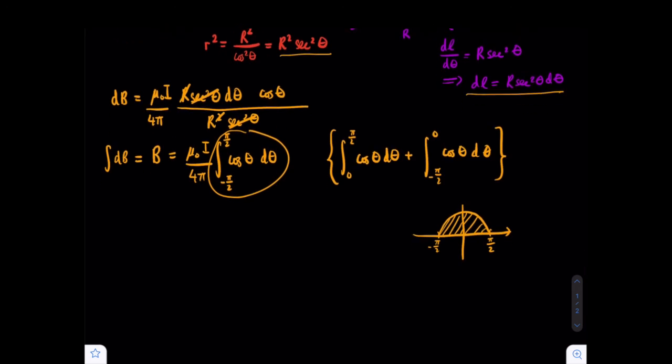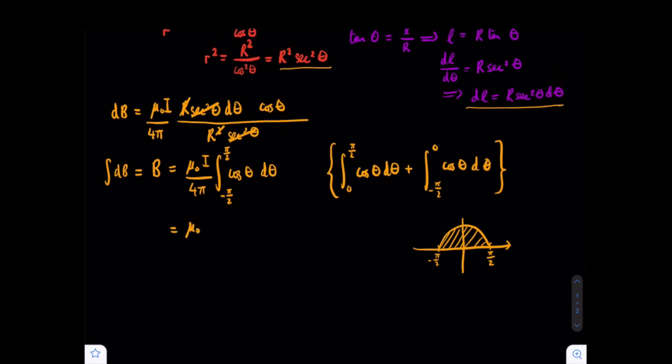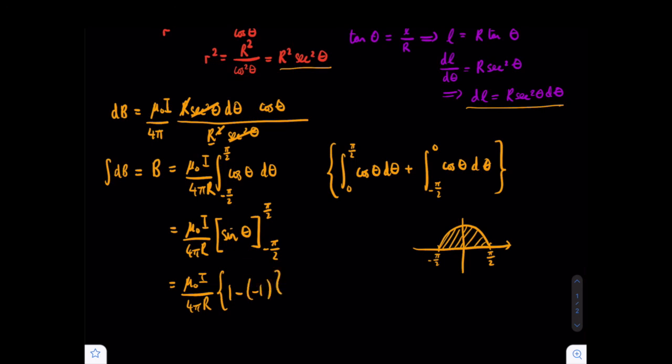So let's perform this integral. This is equal to mu naught I over 4 pi r, oh, I forgot an r from here, mu naught I over 4 pi r, and then the integral of cos theta is just sine theta, with respect to theta, from pi over 2 to minus pi over 2, and that is equal to mu naught I over 4 pi r times sine pi over 2, which is 1, minus sine minus pi over 2, which is minus 1, and that just gives mu naught I over 2 pi r.